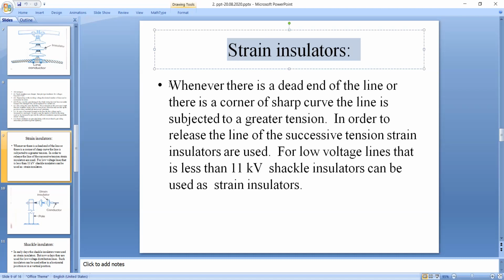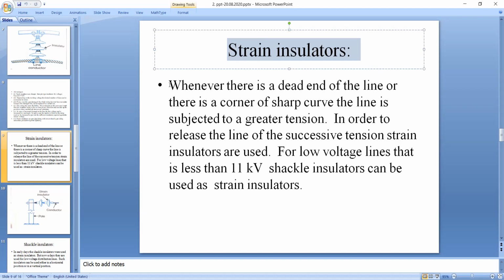Then due to the bending, because ultimately its atomic molecules are facing a little bit of dissimilarity, because it was going in one trajectory. Now the trajectory suddenly changes. So as a result of that, tension builds up. So to relieve the conductors of this tension, you can have strain insulators.